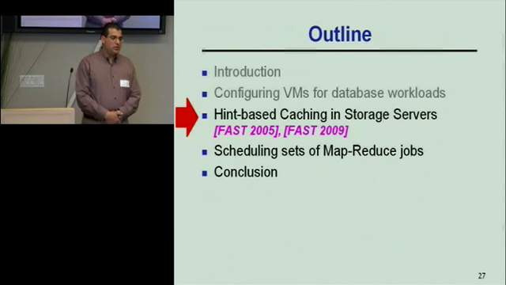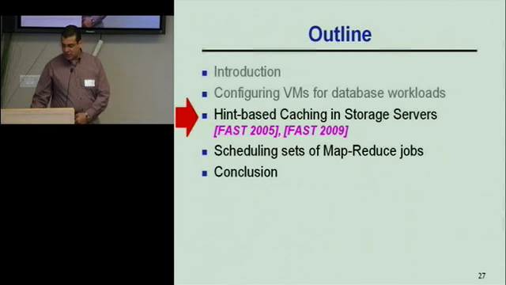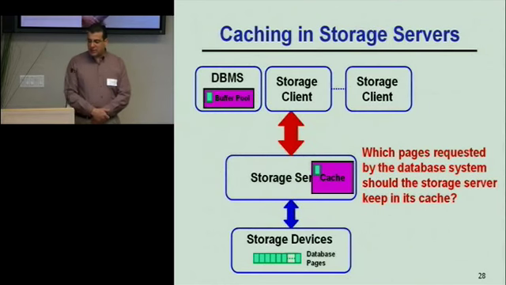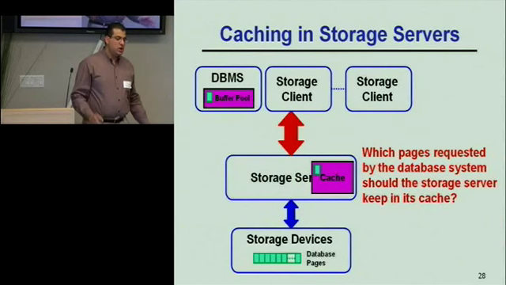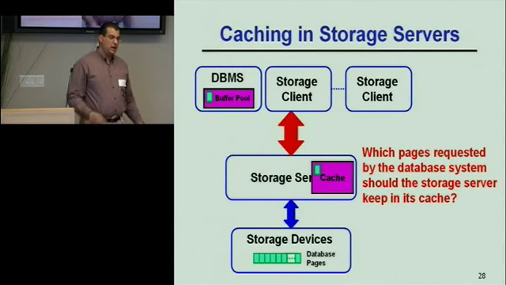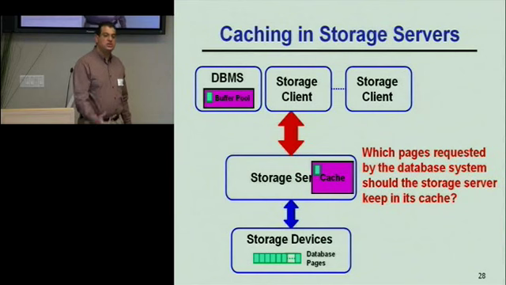The second example I want to talk about is caching in storage servers, hint-based caching in storage servers. And the problem we're tackling here is that when you go to this model of virtualized storage, you have your storage devices controlled by some storage server. The storage server has some cache capacity, and the storage clients, such as a database system, also have cache capacity.